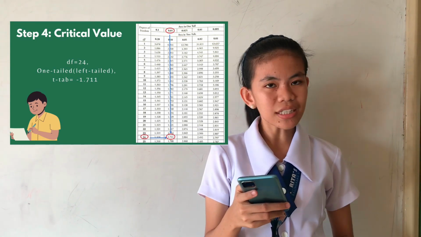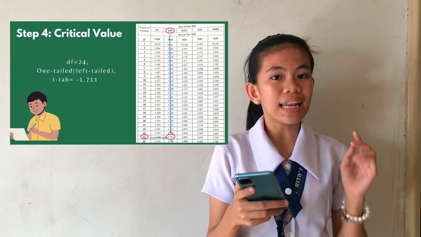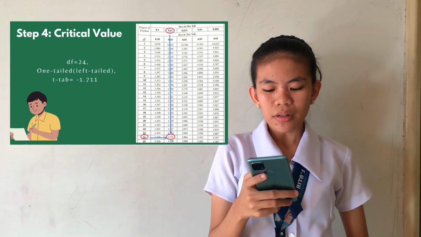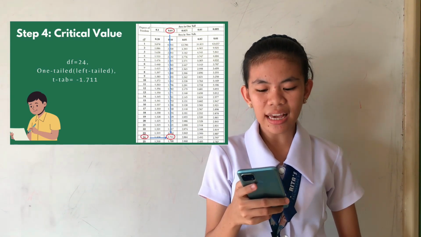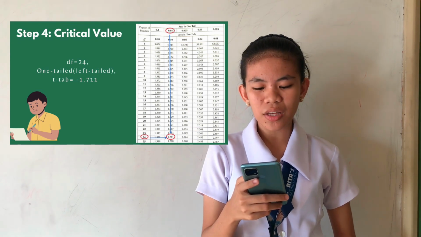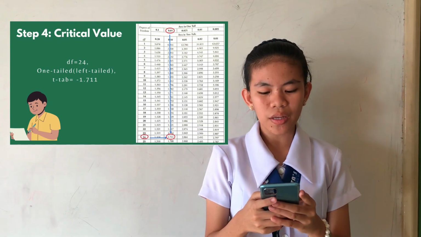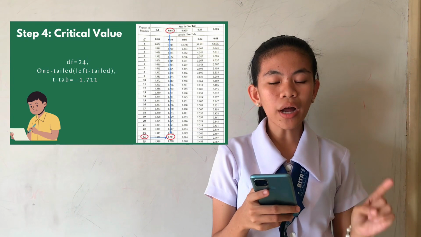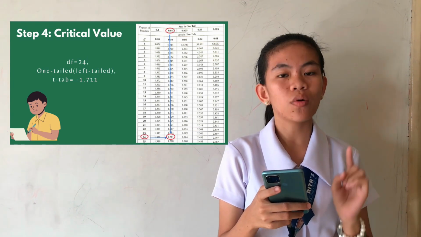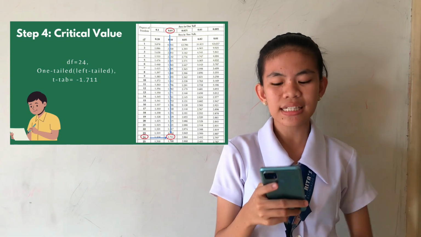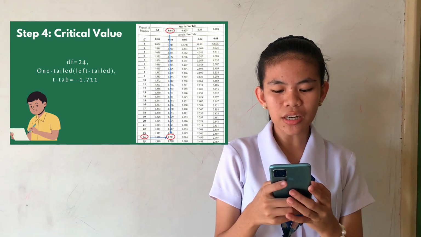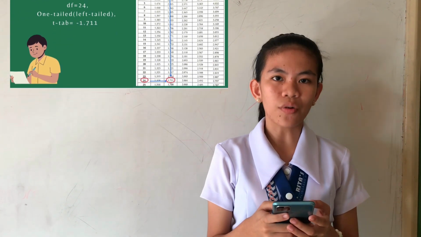Since the alternative hypothesis uses the less than symbol, we use the left-tailed test, which is negative. Then the critical value is negative 1.711. It is a one-tailed test, which is negative, and it is left-tailed, and our degrees of freedom is 24.